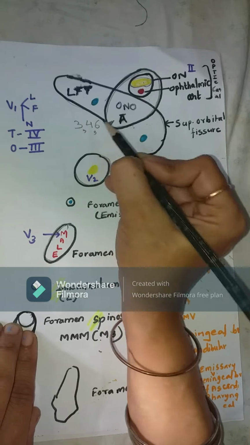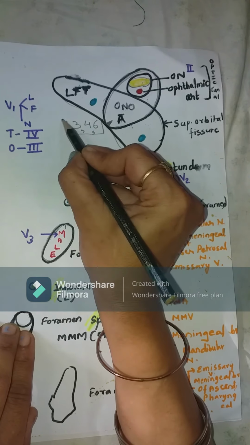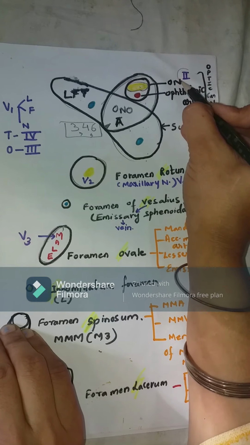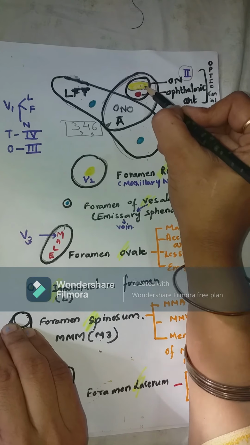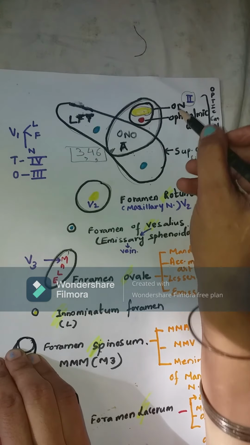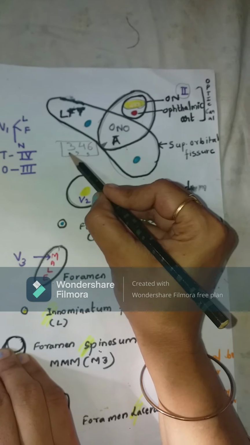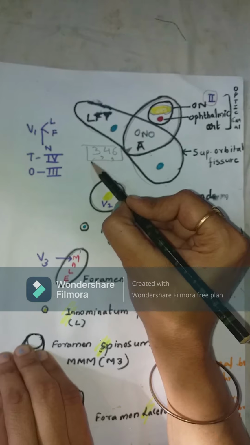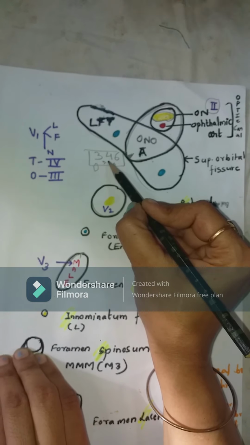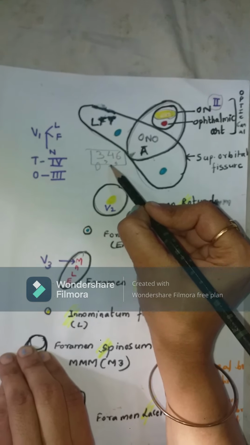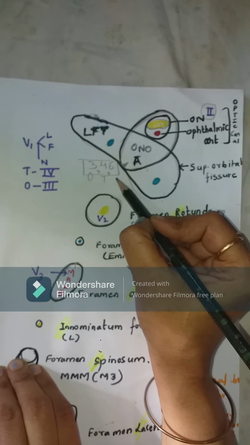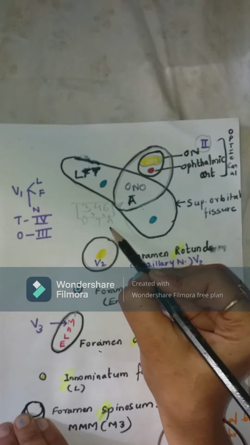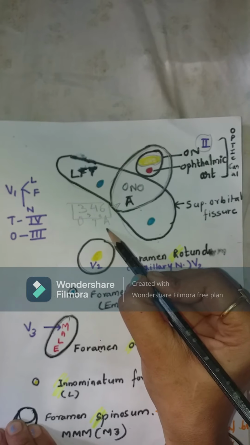These will definitely pass through the superior orbital fissure. Already the second cranial nerve has passed through the optic foramen. The third cranial nerve is the oculomotor, I will denote it with O. The fourth cranial nerve is called trochlear, and I will denote it with T. The sixth cranial nerve is the abducent cranial nerve, denoted with A.